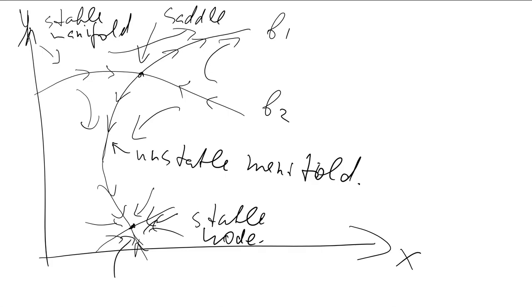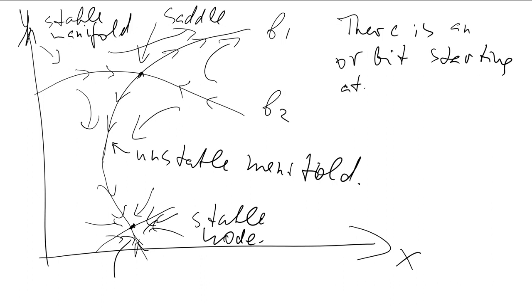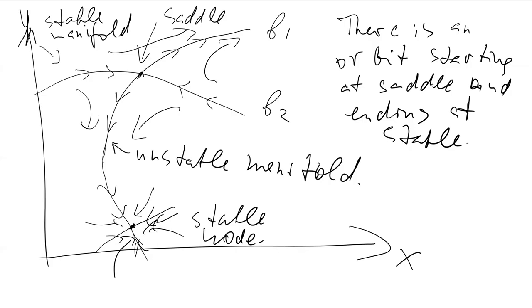So this is the stable node. And so there is an orbit which can start at B1. There is an orbit starting at the saddle and ending at the stable node. So this is called a heteroclinic orbit.